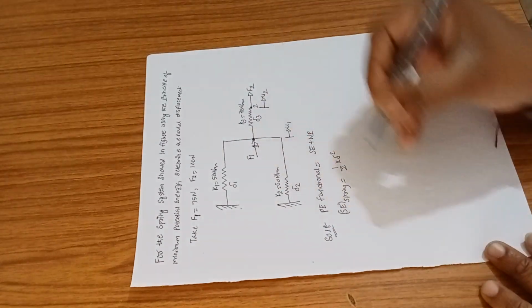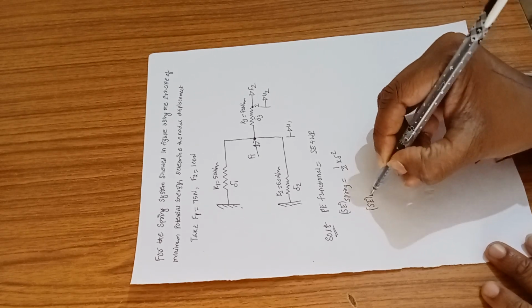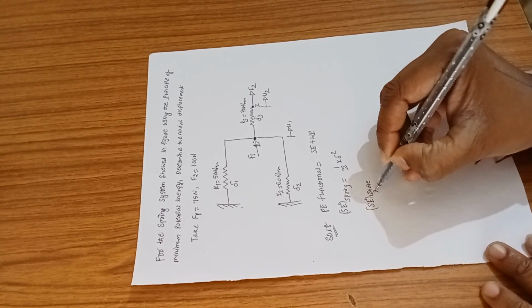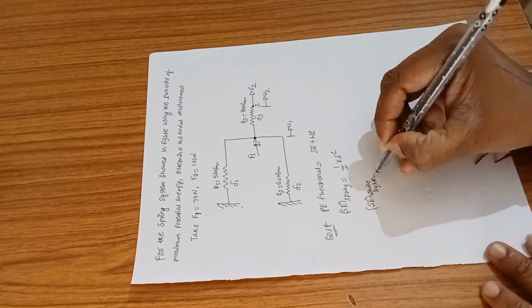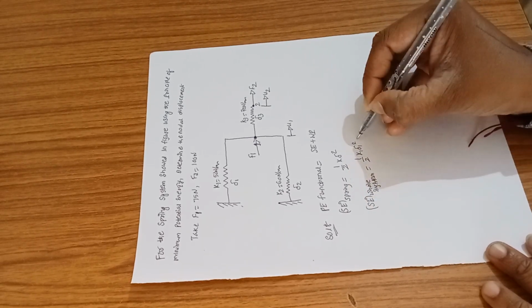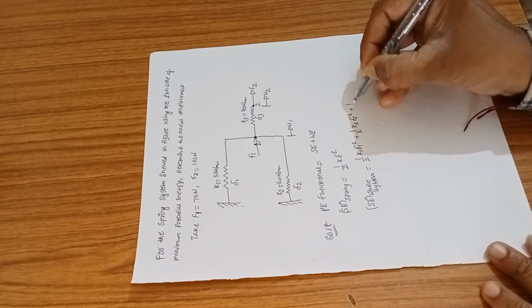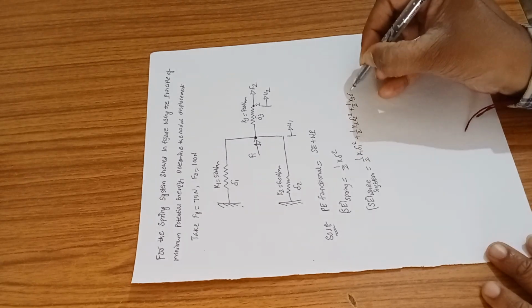And as there are three springs over here, the strain energy for the whole system you can just write as half K1 delta 1 square plus half K2 delta 2 square plus half K3 delta 3 square.